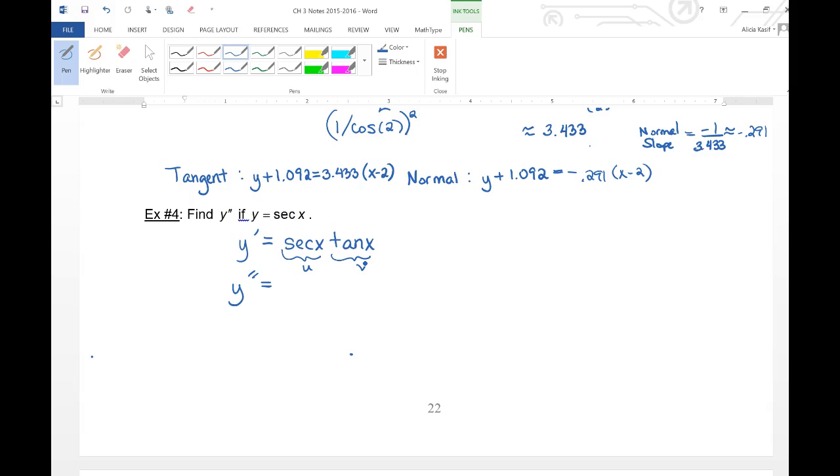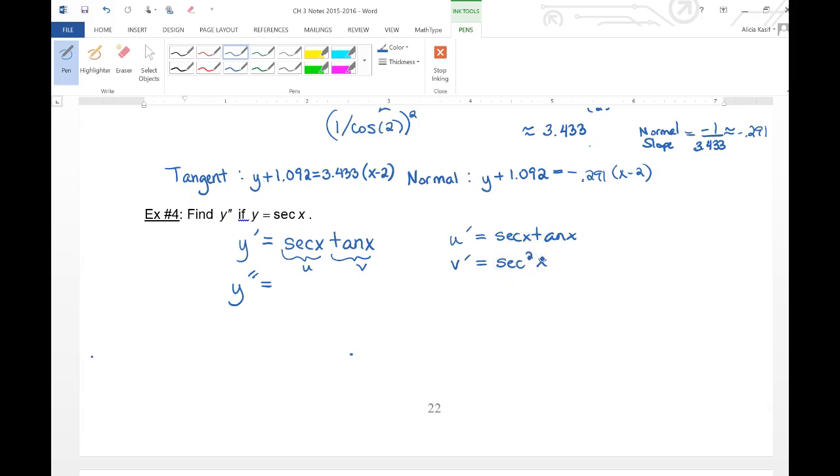Let u be secant x, so u prime is secant x tangent x. And what's v prime? Secant squared x. You just do the product rule with those.